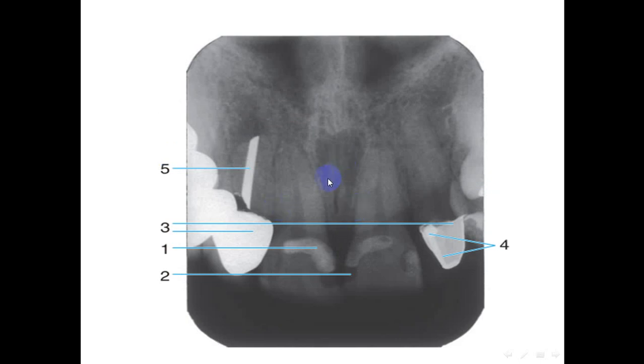this dental radiograph shows the composite material, which is radio-opaque composite, and second is a radiolucent composite.